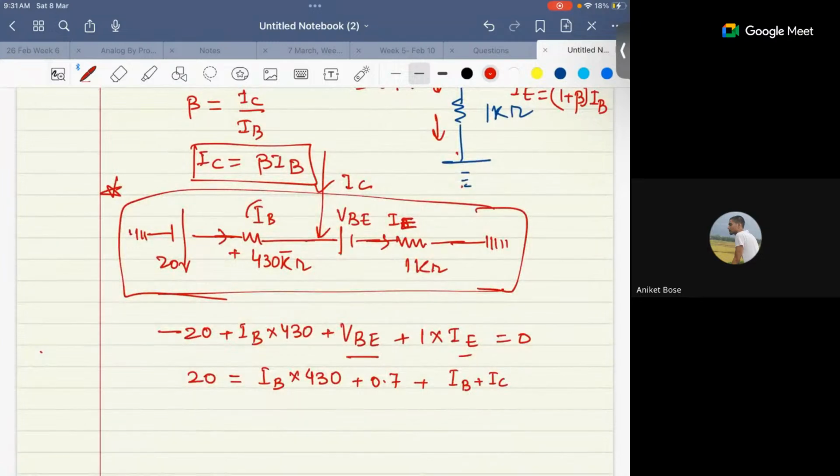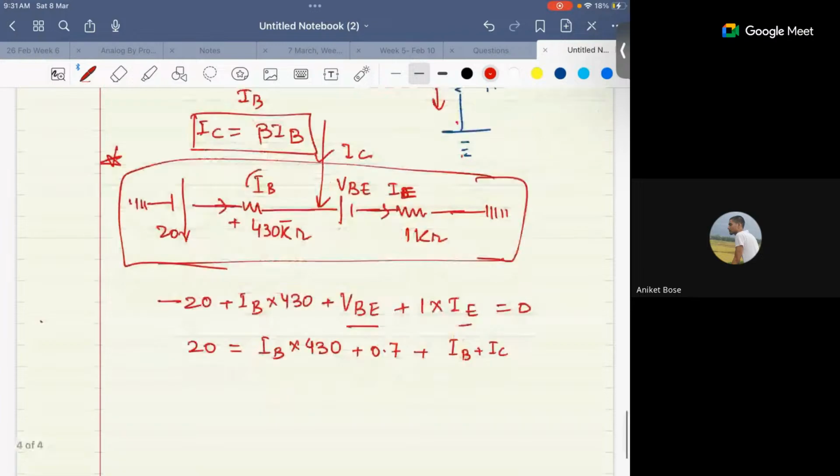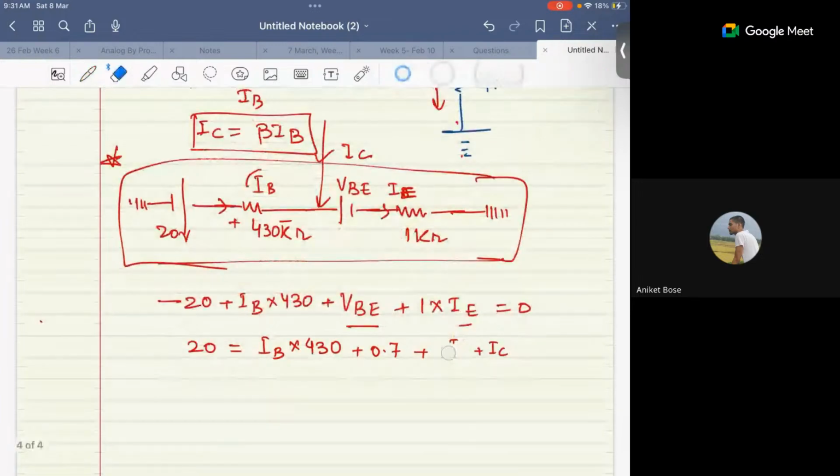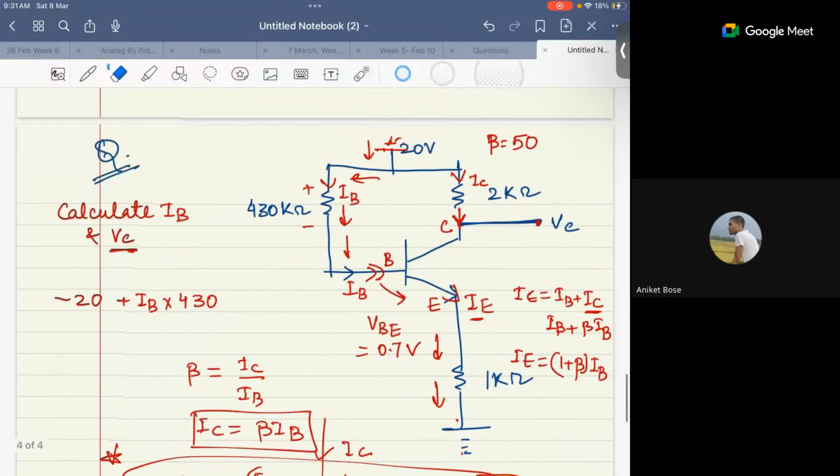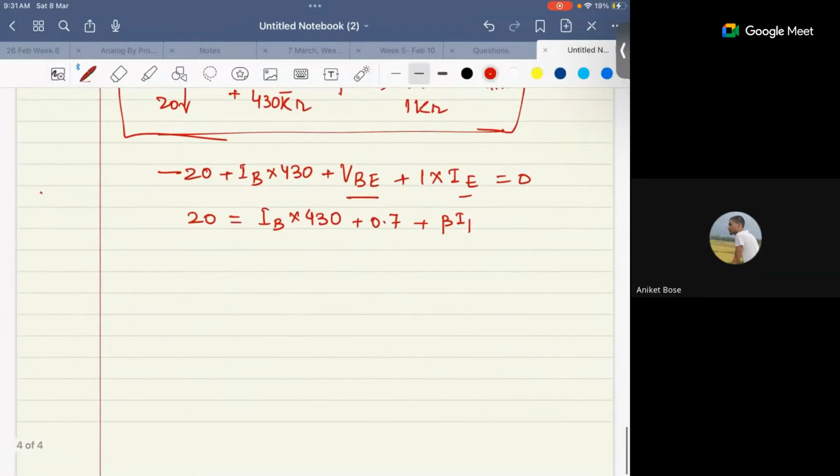So now you can write IC equals beta times IB, right? So here you can write it the same, 1 plus beta times IB. What was the value of beta? It was 50, right? So that will be 51 times IB.